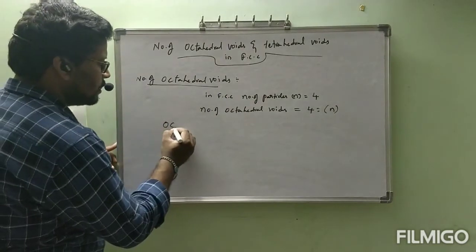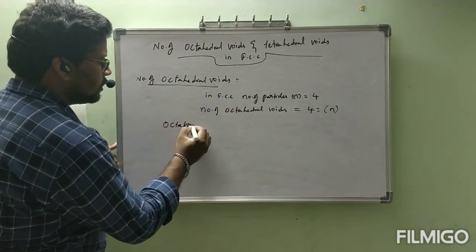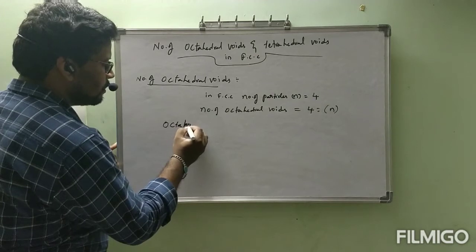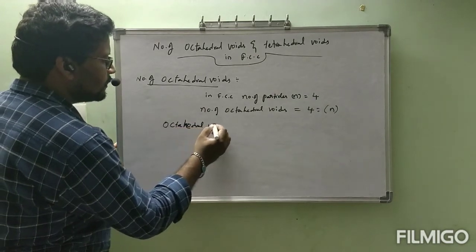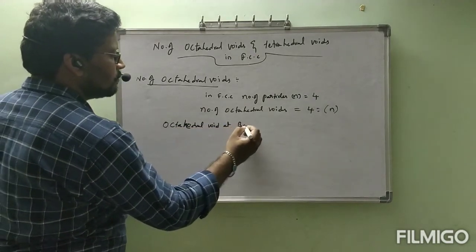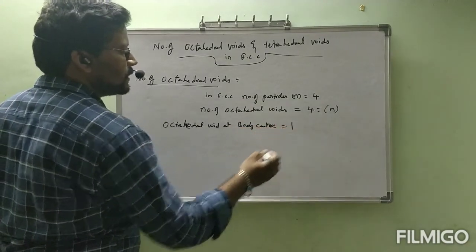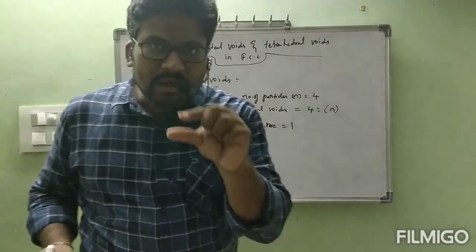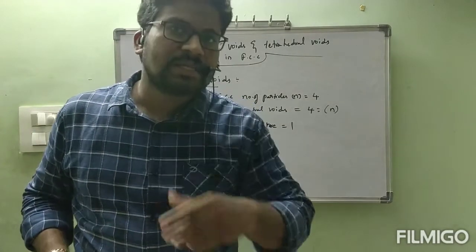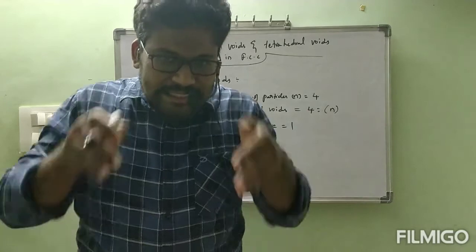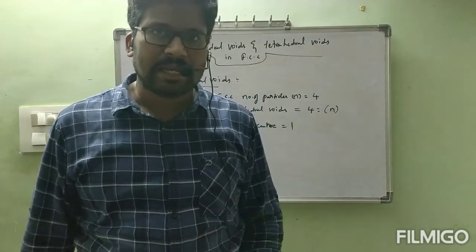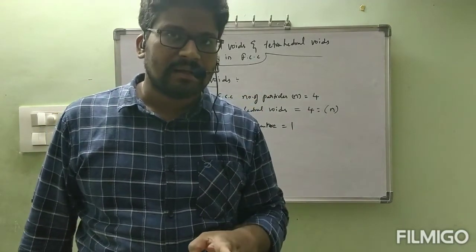So octahedral void at body center is equal to 1. That body center octahedral void is not shared by any other cell. It is in the middle, na? So it is not shared by any other cell. That's why it is 1.